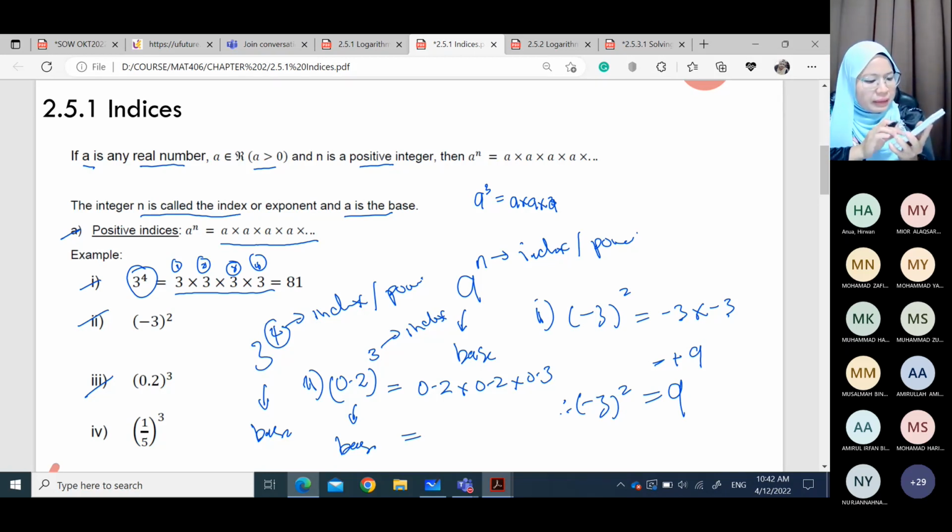So dekat button kita tu ada satu button. Yang bahagian atas ni kalau you guna sama, nampak tak kalkulator saya? Nampak tak? Tak nampak? Lama. Sekejap.